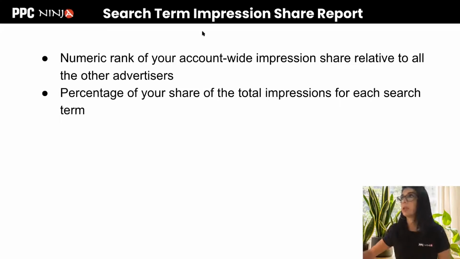And the way it manifests inside the report is that it gives you a numeric rank of your account-wide impression share relative to other advertisers. I'll just give you an example, and this will be clear. The second thing it gives you is the percentage of your share of the total impressions for the search term. So what percentage of all of those impressions went to you, for that keyword or that search term.